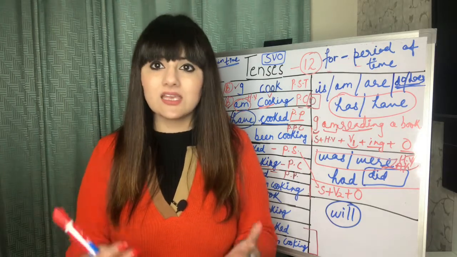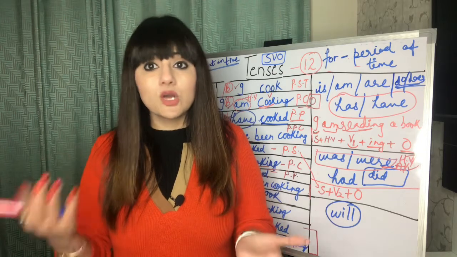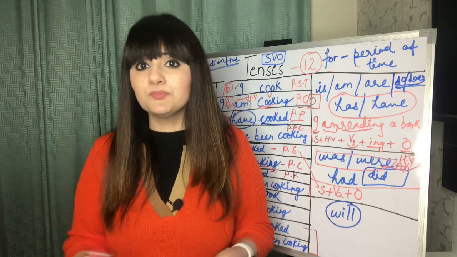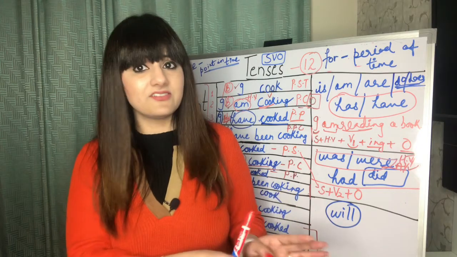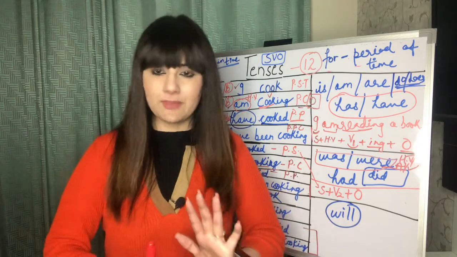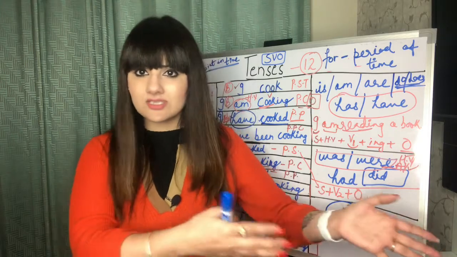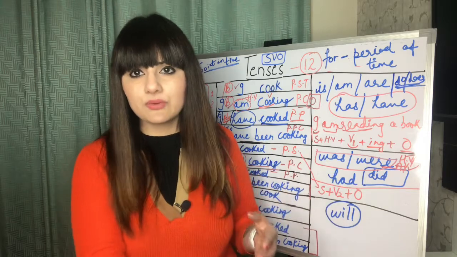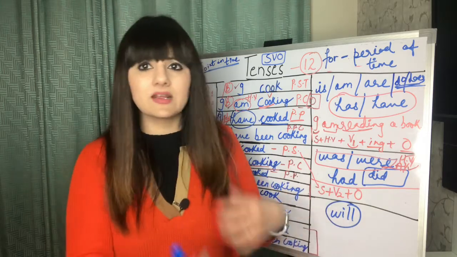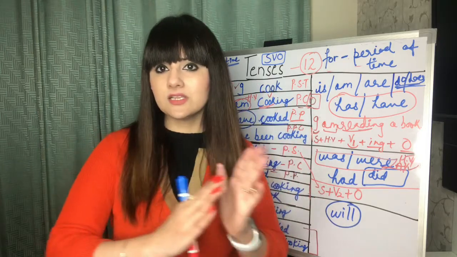What am I going to tell her? I'll tell her, no, I have already had breakfast. If you're talking about a time maybe an hour or half an hour back, then you're using your present perfect tense.